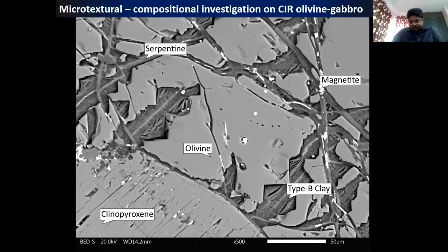Please remember that all this has been confirmed by Raman spectroscopy, so there is no doubt about these phases. We have serpentine at the central part of the rim, and on either side of this rim towards olivine, we have clay mineral. And if you remember, I said earlier that in the Martian lithosphere these are the two important minerals we are searching for: one is serpentine, one is clay.